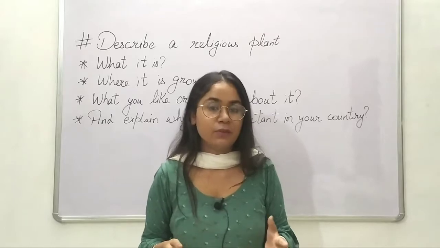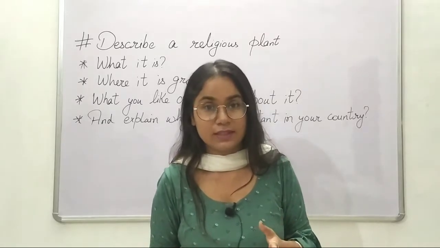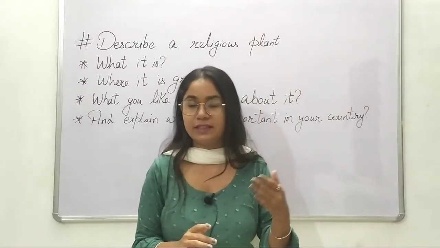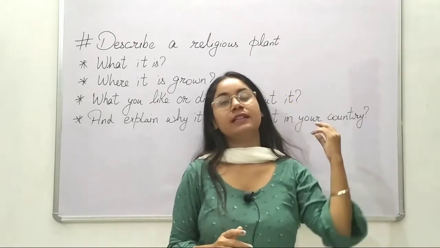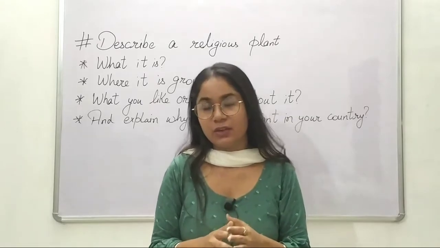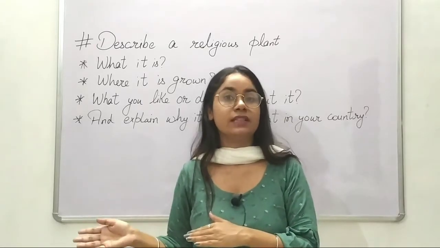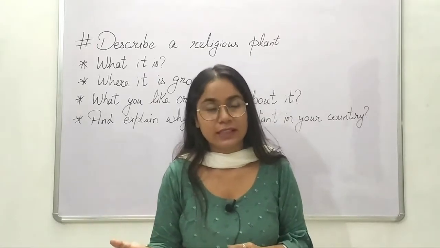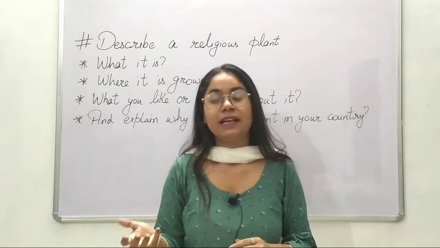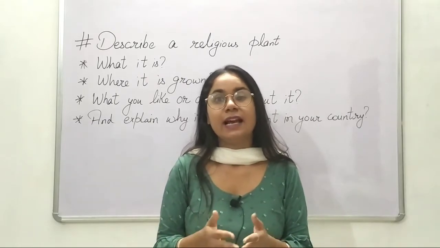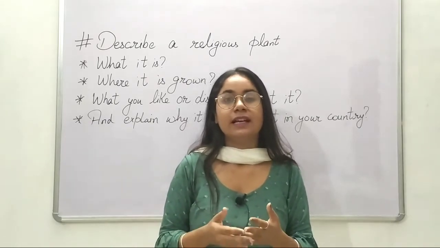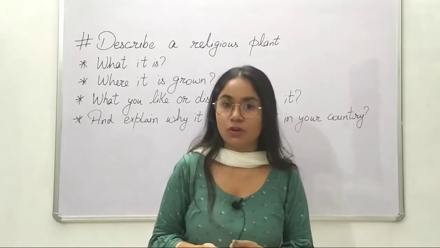One last example I would mention is coconut. It is usually grown in the southern part of India, and coconut has religious value in that part as well as in North India, as the coconut fruit is used in worship and is given to the devotees as prasad or as a blessing of God.